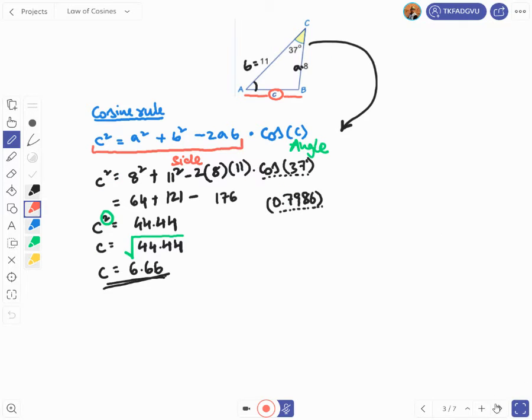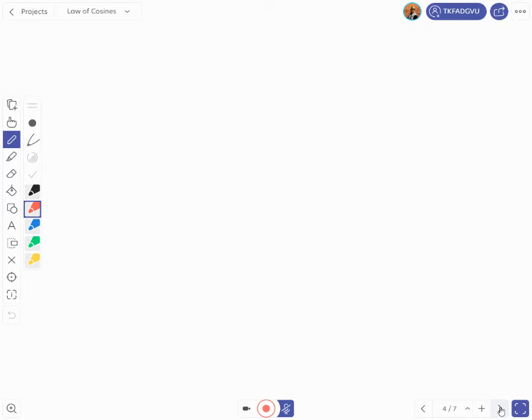Going to the next question. Let's go to the next one. This time, all three sides are given, and you are asked to find any one of the angles. We know that, always write, c square equals a square plus b square minus 2ab times cos c.